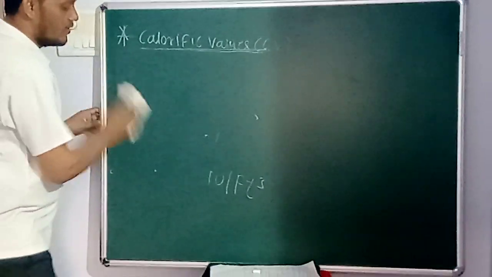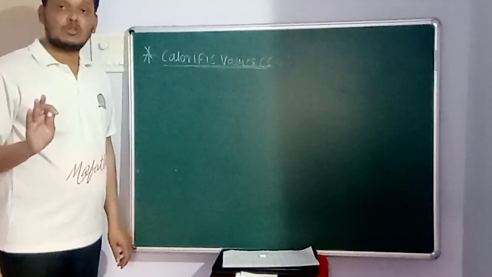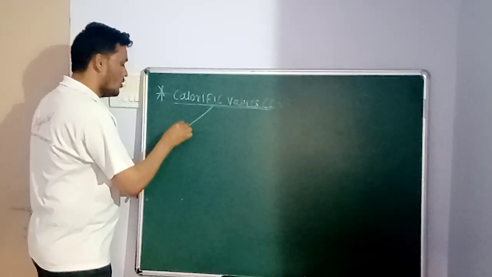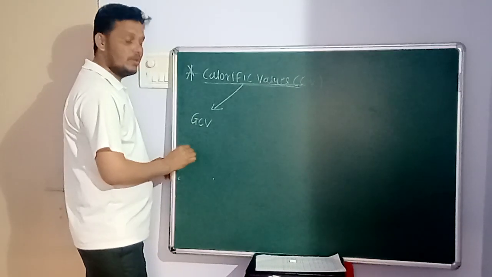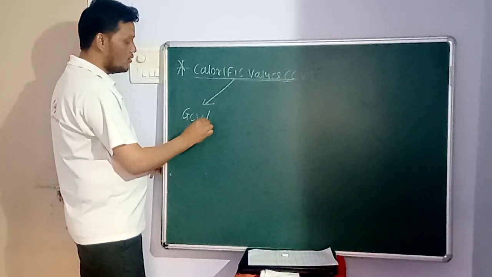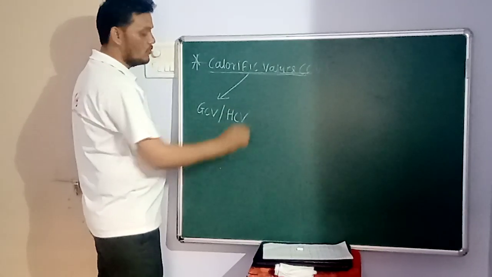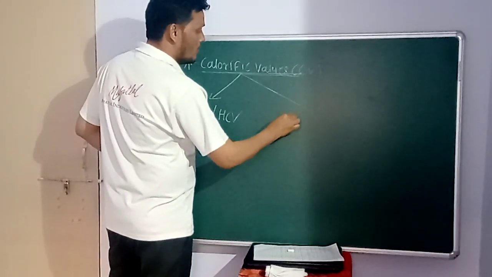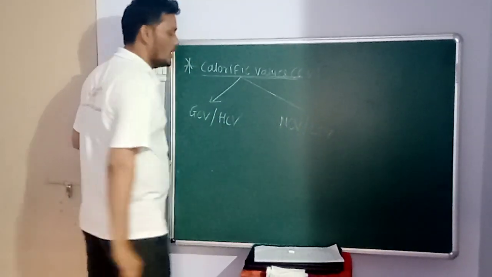Now what are the different types of calorific value? You know that there are two different types of calorific value. The number one type is gross calorific value, denoted by GCV, which is also called higher calorific value, HCV. The second one is net calorific value, NCV, which is also called lower calorific value.